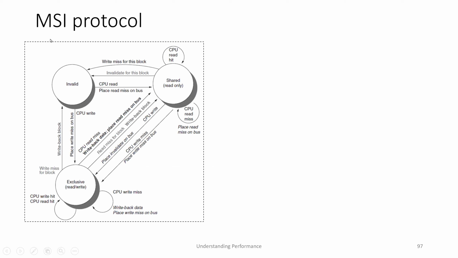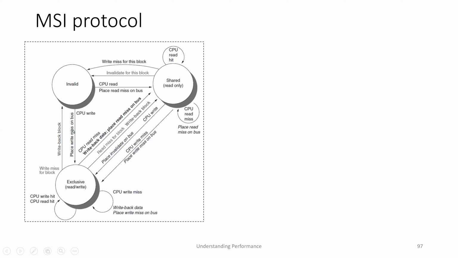Okay, so it has three states: modified, shared, and invalid, meaning a given block can be in one of these three states. Okay, if the block that I have is in the exclusive state, then I can read or write the way I want. Okay, this is in the private cache. That's what we were going to see, right? If there is a miss for this particular block, then we go to the memory and get it, and keep using it.